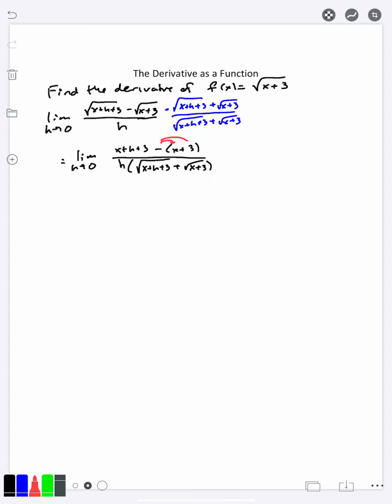And then when you distribute the negative sign in, you're going to have some cancellations, as we expected to have. And then the h is going to cancel because it has to. And if I plug in h equal to 0 here, it's going to work out to be the following.